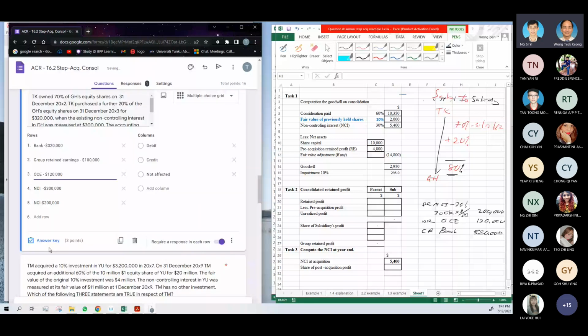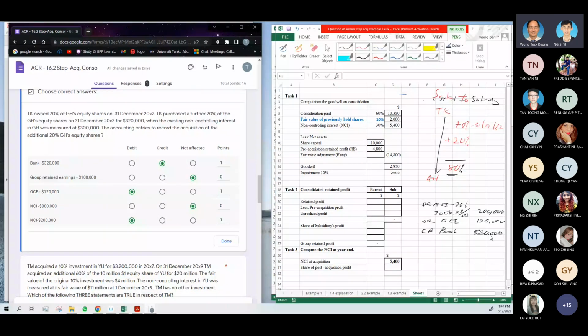So the entry just now I already gave here. You credit the bank 320. So NCI you reduce it by 200. Okay, so 300,000 for 30%, 20% you reduce 200,000. So the difference 120 is charged to OCE.